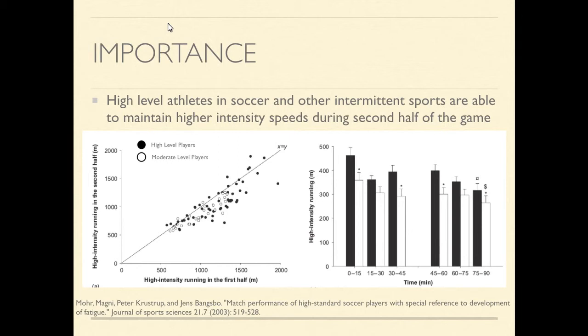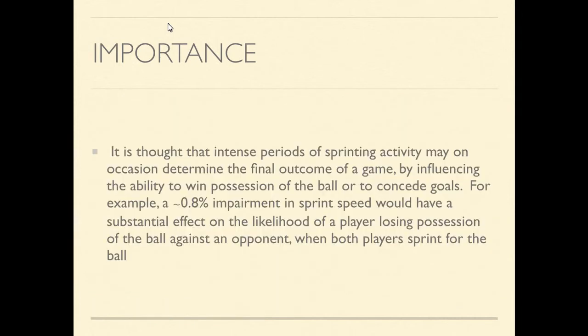They're able to continually run at high intensities during the second half of the game compared to the first half of the game, whereas the lower players are not. Okay, and that's the difference, is when you wear on your opponent by continually being able to repeat at high intensities. And again, this is likely what separates people when we talk about games.